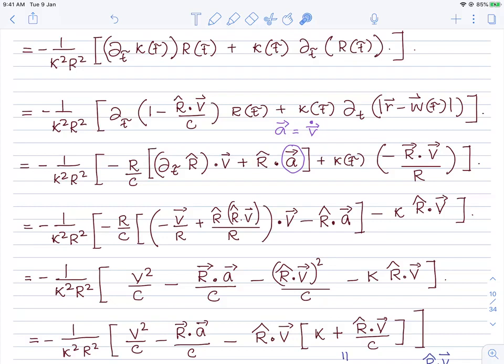Although the particle can be accelerating in an arbitrary way, both the scalar potential and the vector potential are independent of the acceleration. It's only when you find the electric and magnetic fields, because of the differentiation, that they become dependent on the acceleration as well.